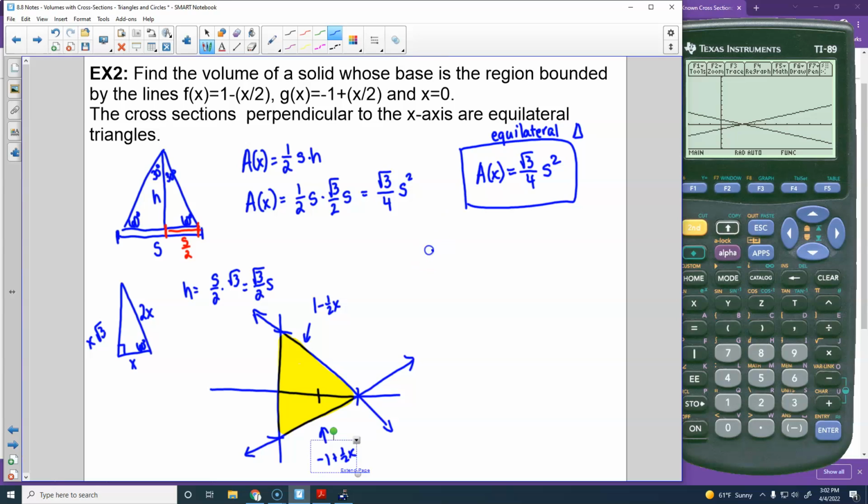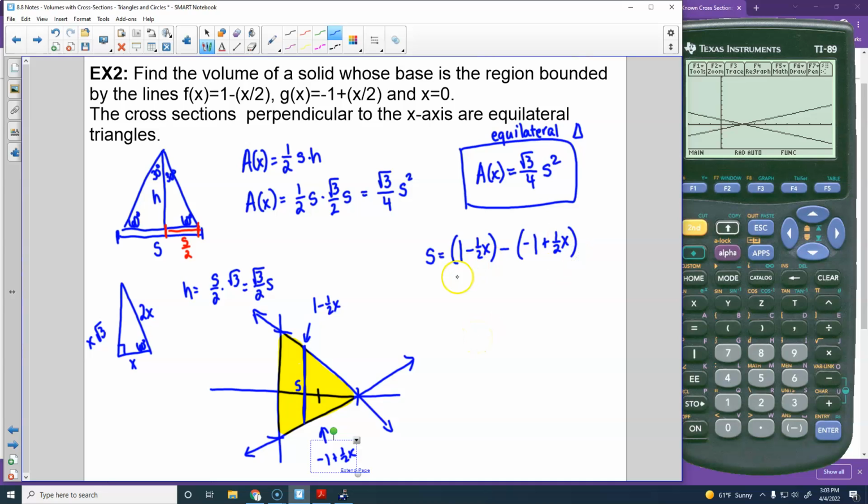So what would s be for this function? So that's the length of this side that we're going to have here. Okay, top minus bottom. So that's 1 minus 1/2 x minus negative 1 plus 1/2 x.